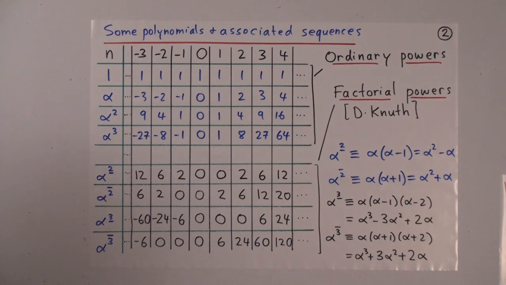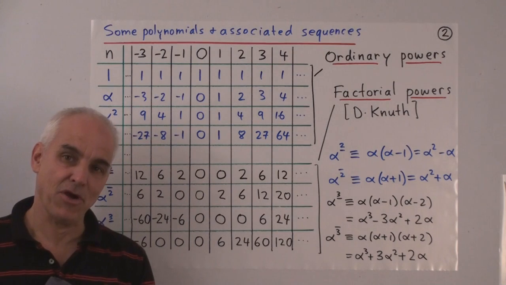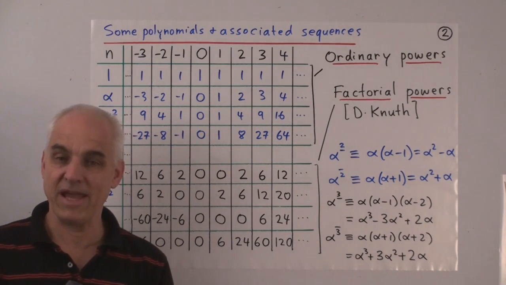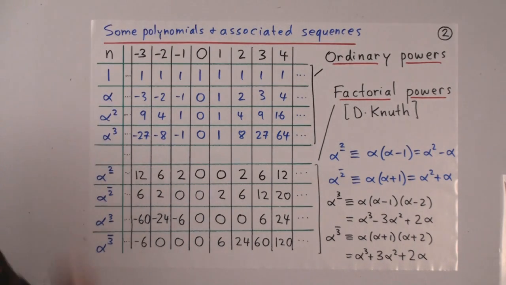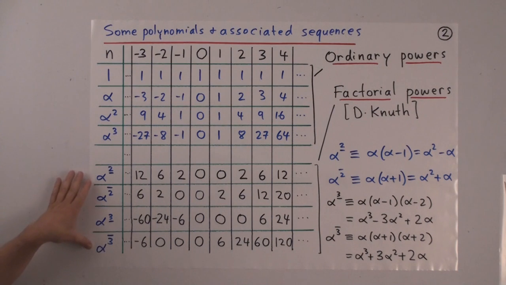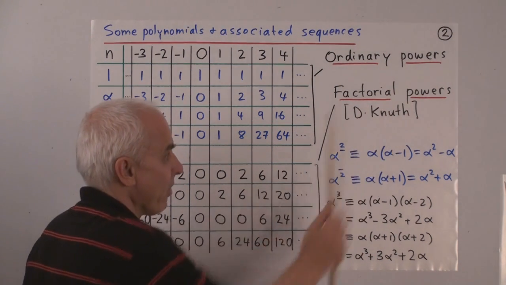Okay, one of the novelties of thinking about sequences is that there are other important bases for sequence spaces other than the power polynomials. And now we're going to introduce the most important ones. They're called factorial powers.